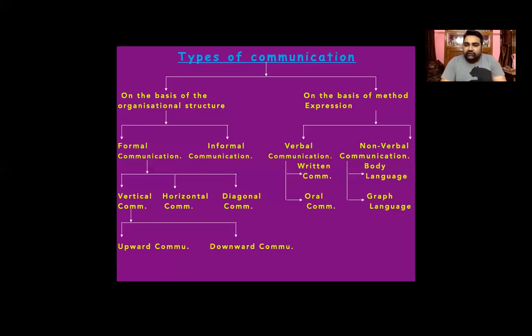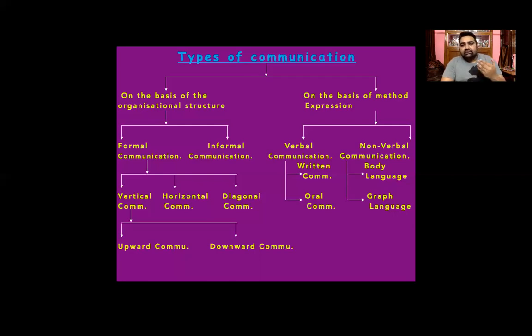Now, if we talk about vertical communication, there are two types. The first one is upward communication. In upward communication, the lower authorities communicate with the higher authorities by following the paths. For example, in a school or college, whatever problem the student has, they inform their teachers.